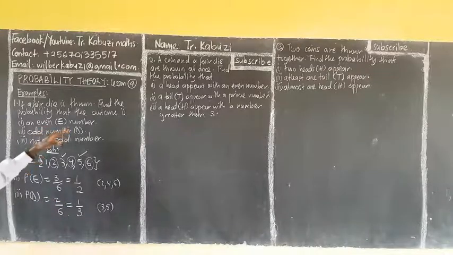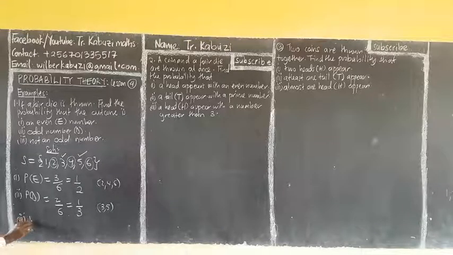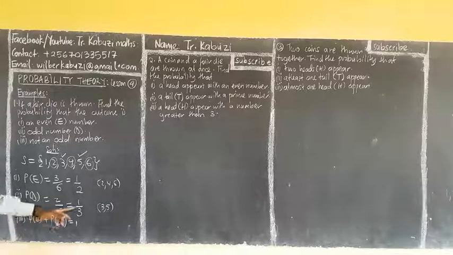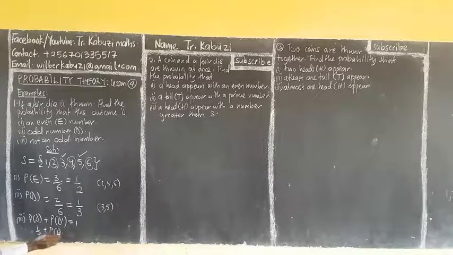Now the probability of not an odd number. We say the probability of an odd number plus the probability of not being odd is 1. So if we know the probability of being odd is already from here one half, then plus the probability of not being odd will be equal to 1.